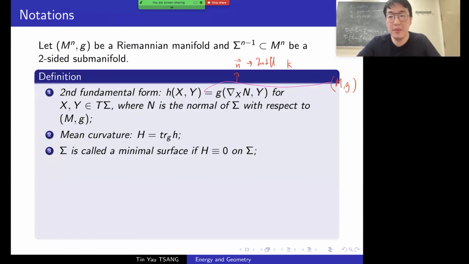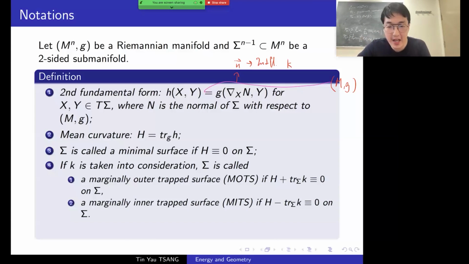Okay. So now let's fix some notation. First of all, for the second fundamental form, we define it this way, and then the mean curvature H will be the trace of it. That's why we have the outward pointing normal. For a sphere, you will have positive mean curvature. And then sigma is called a minimal surface if the mean curvature identically vanishes.